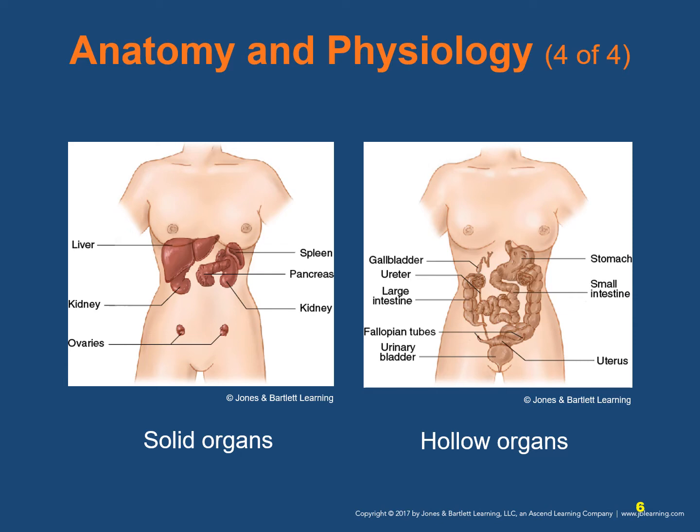So we'll touch more on that later. But what they're showing you here is these are all the solid organs, and on the left and on the right, those are all of the hollow organs.